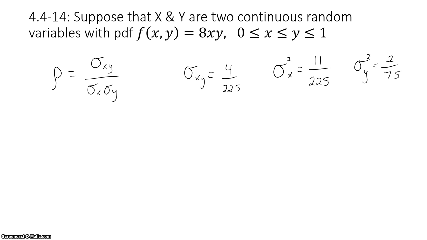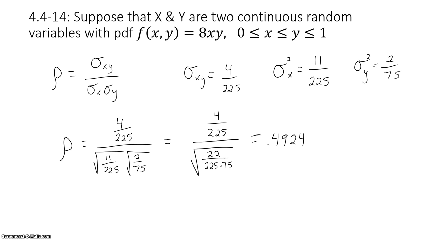So substituting into this formula, I get 4/225 divided by the square root of those variances multiplied together. It gives me a correlation of 0.4924, which shows me that I have a moderate positive relationship between these variables. That as x increases, y tends to increase also. And this makes sense since y has to be greater than x.